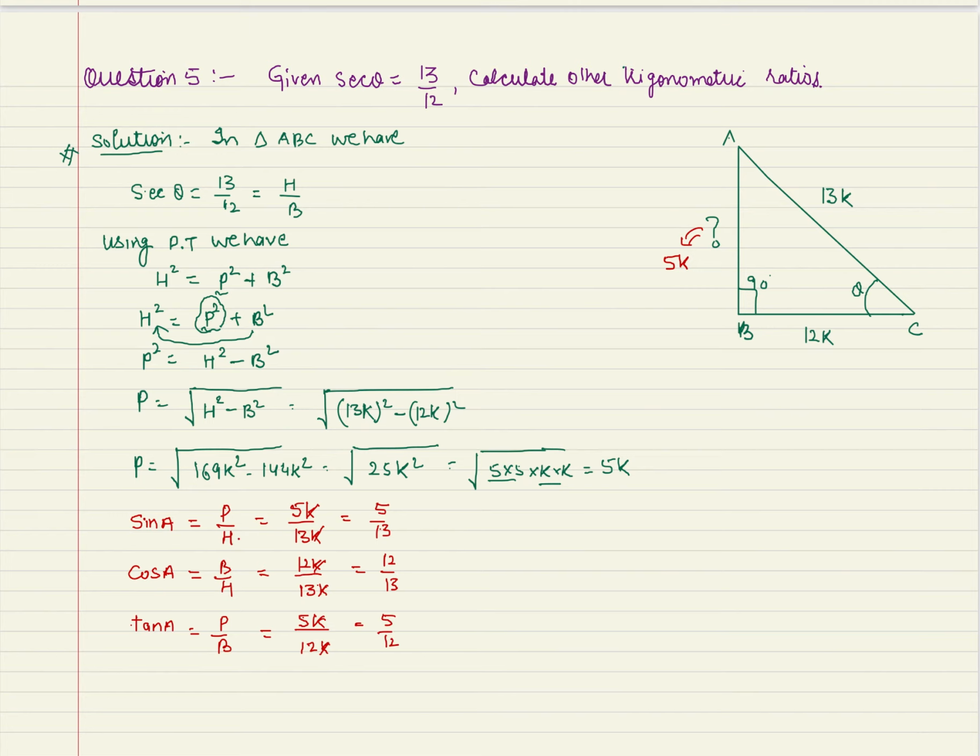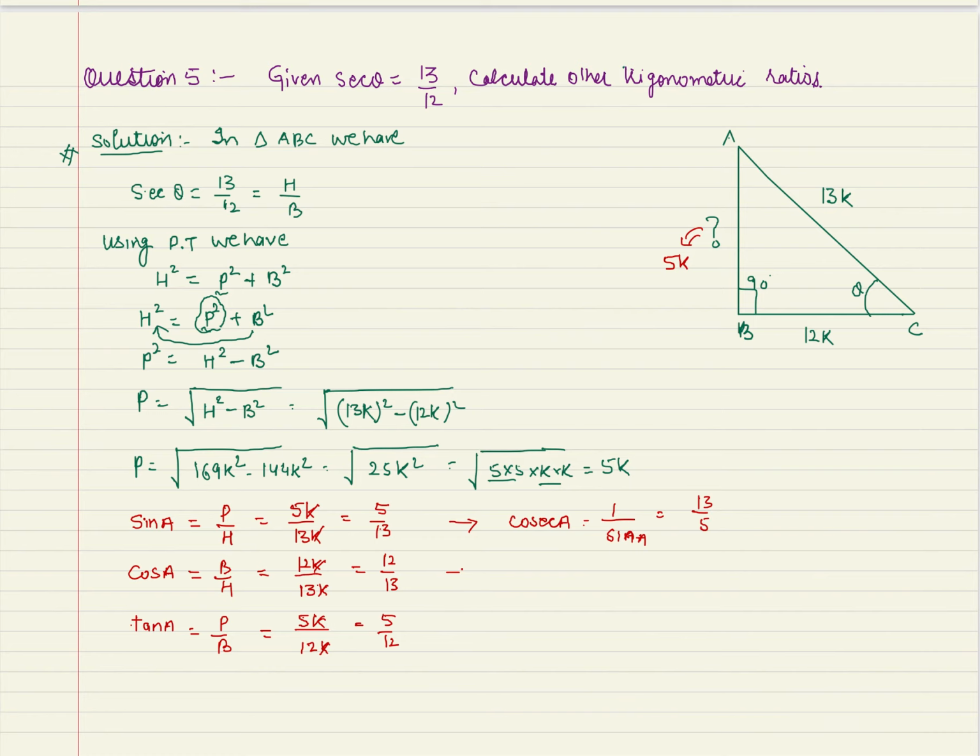So now other ratios are just the inverse of these. Inversion of sine A leads to cosecant A, which is 1 by sine A, equal to 13 by 5.